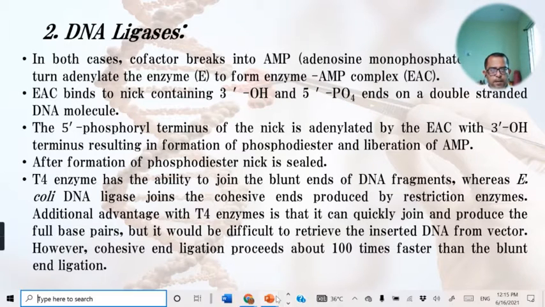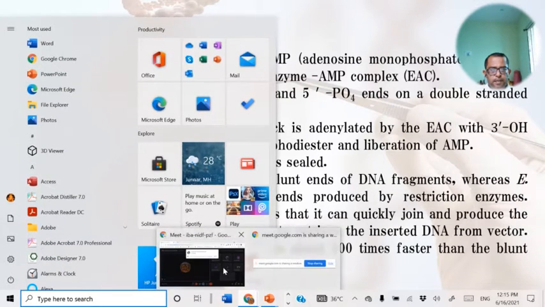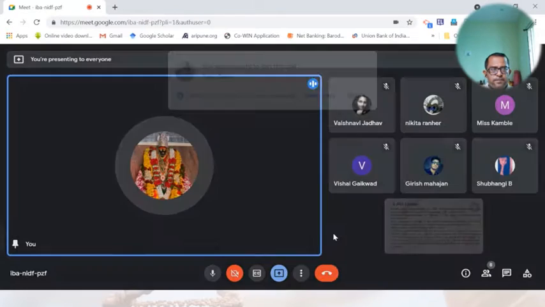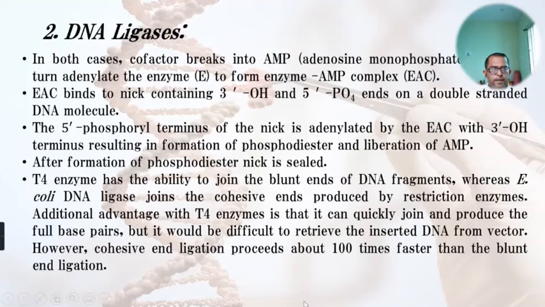In the last class, we have seen the restriction endonuclease enzymes. They produce two types of products by the breakdown of the phosphodiester bond between the nitrogen bases of a DNA molecule. They may produce staggered cut or cohesive end products, or they may produce blunt end products.